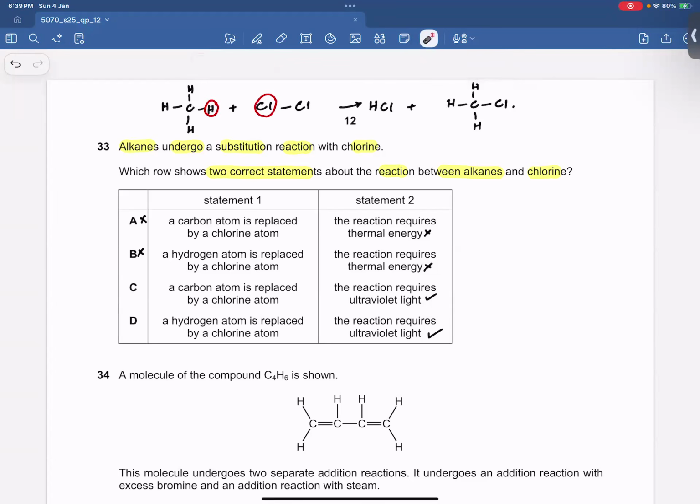So technically this hydrogen is substituted with this chlorine atom. So that's the correct option. Okay, and therefore D is going to be the right answer.